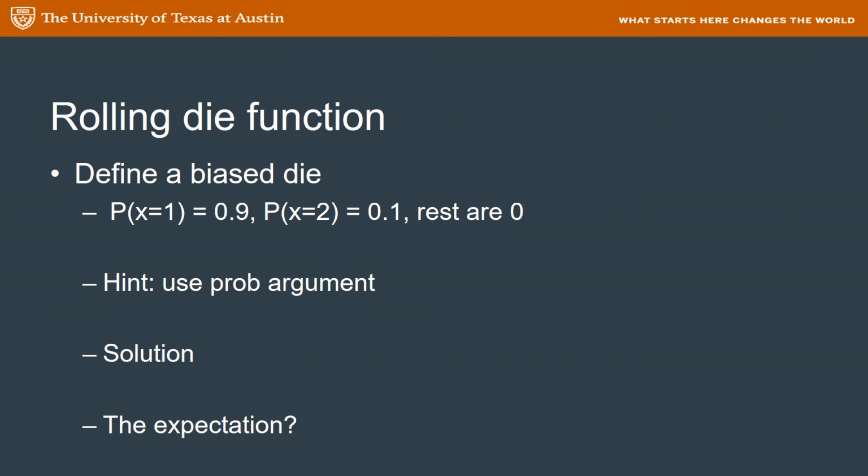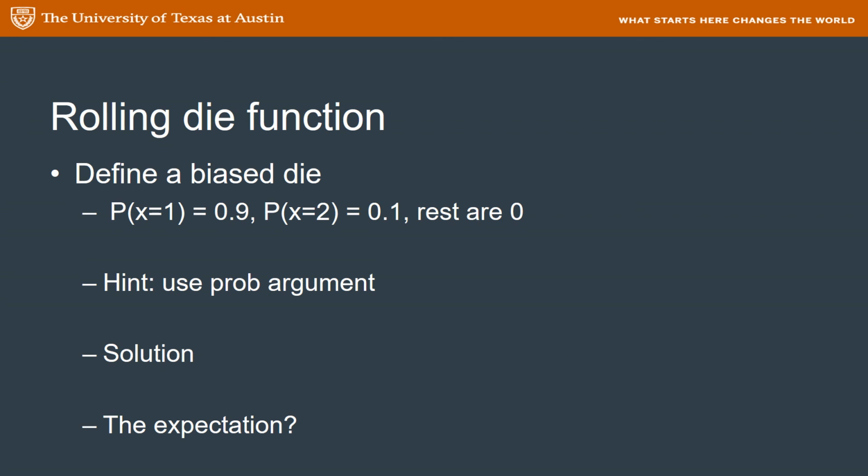So, can we define a biased die? Previously, all the probabilities were equal, 1/6. Let's try to define a biased die. I say, okay, the number 1 will have a probability of 0.9, number 2 will have a probability of 0.1, and the rest are 0.